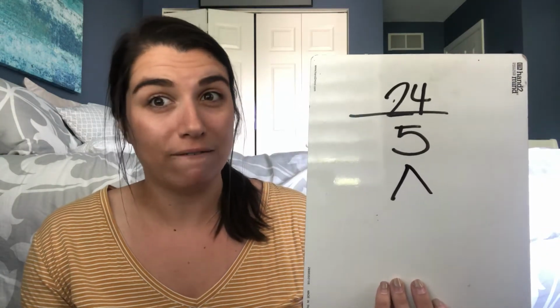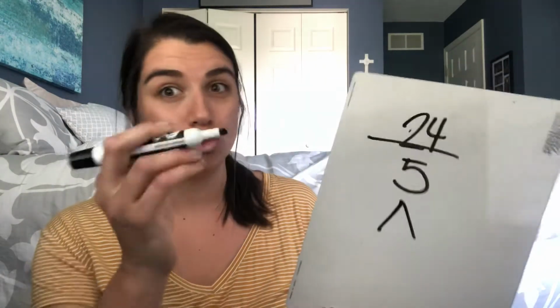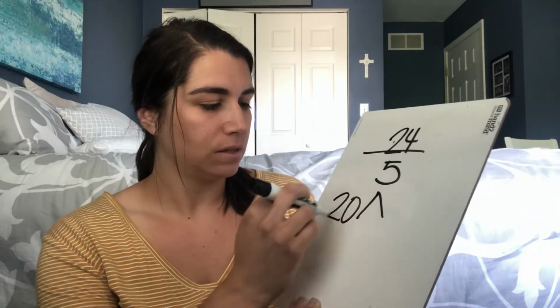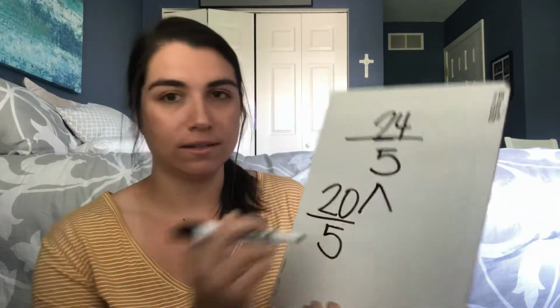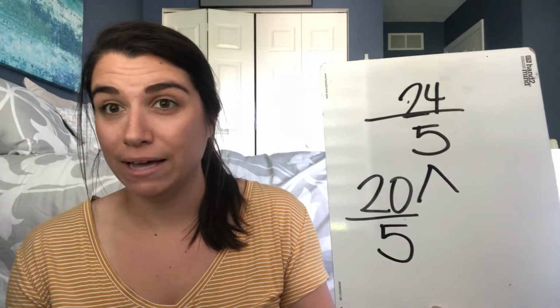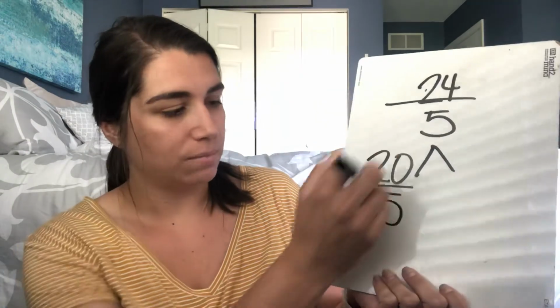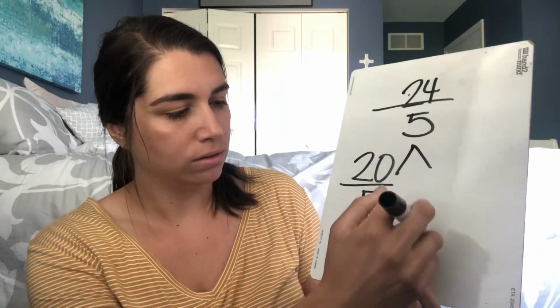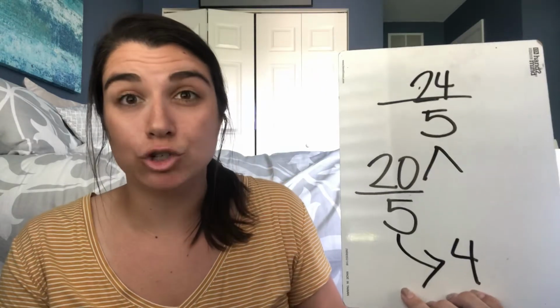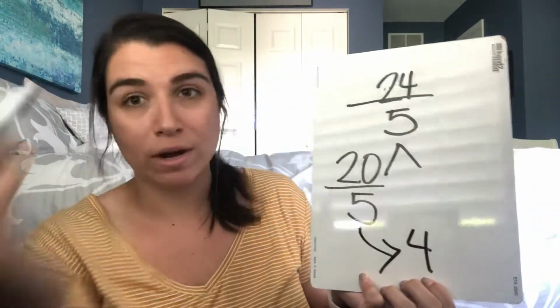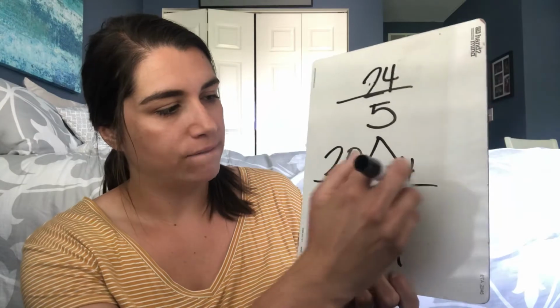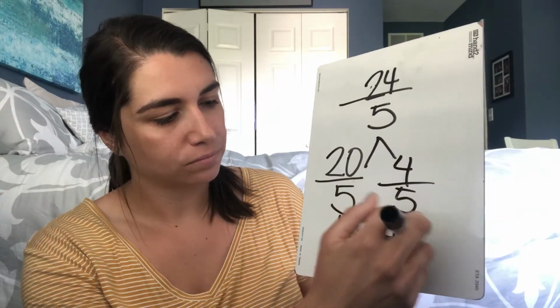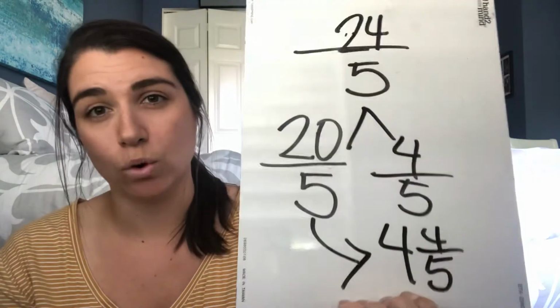And I know it's going to be 4 times 5, which is 20. And what did we say that we multiplied by? 4. So this becomes my whole number 4. And then 24 minus 20 is 4/5. So you should have gotten 4 and 4/5.